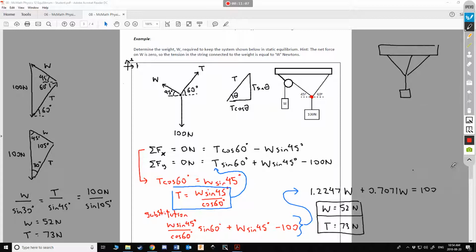The reason is when we add tip to tail, we end up with the mass plus 3 other lengths. We have 1, 2, 3, 4 ropes. We end up with a shape like that, and we can't use any sine law or cosine law to solve for that. Again, this method works when there are 3 cables.